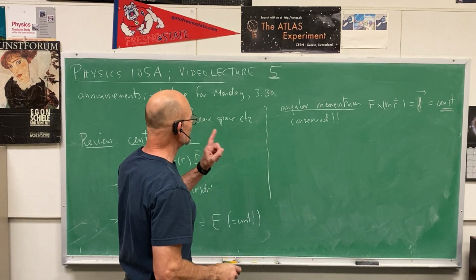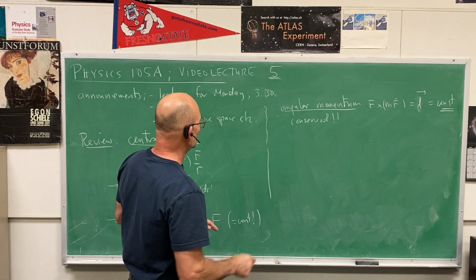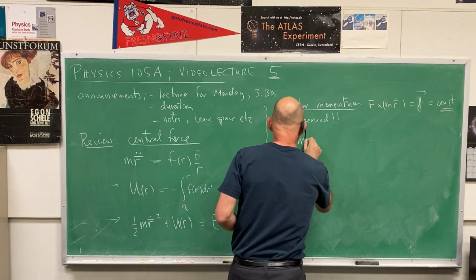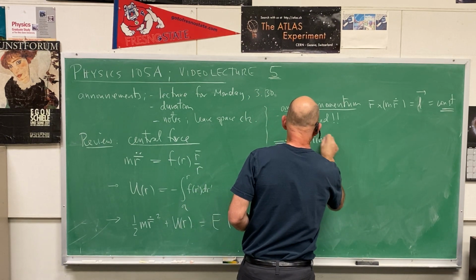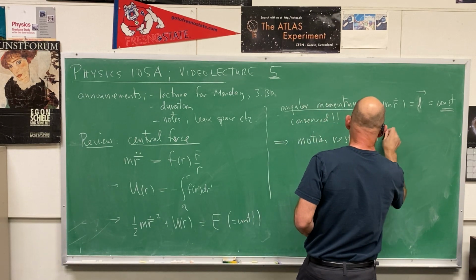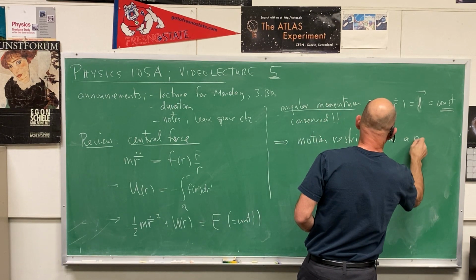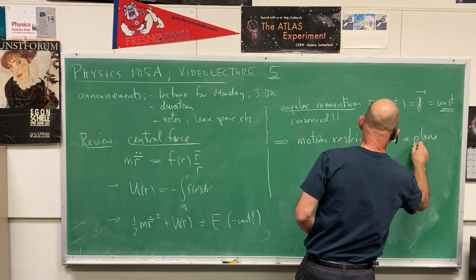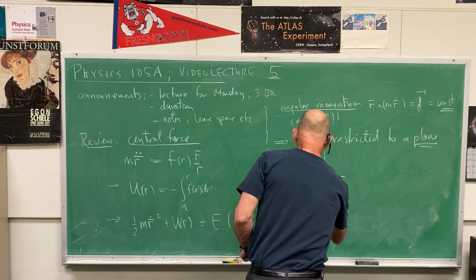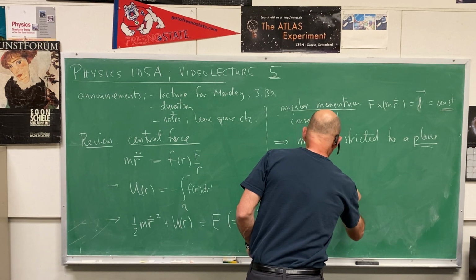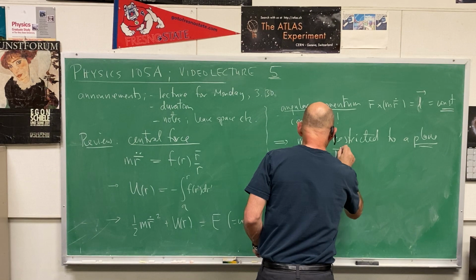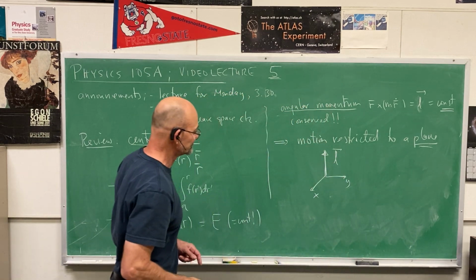And out of this, we get that the motion is restricted to a plane. You can just look at it like this. This is your XY plane, and your L vector happens to be pointing in the Z direction.